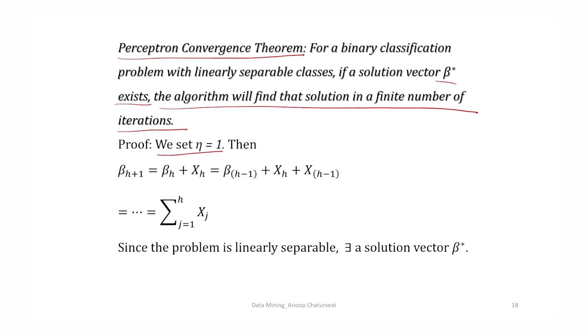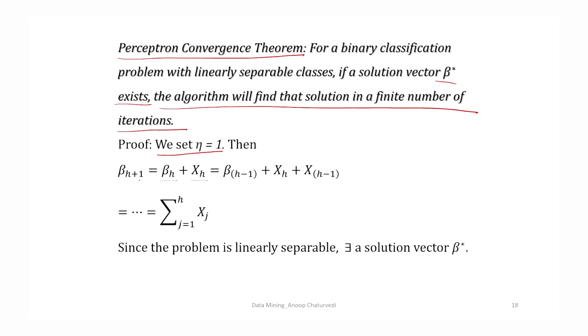If eta is not equal to 1, you can always scale the inputs and the weights so that eta becomes 1. So, the value of eta does not matter. You can scale the input variables and the weights to make the learning rate equal to 1.